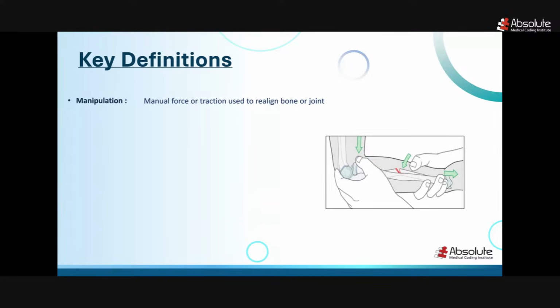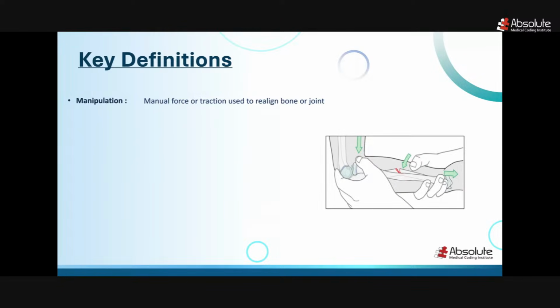Now, think of it like a hands-on adjustment. The provider is carefully guiding the bones back into place so healing can take place correctly. So that's what we call a manipulation in fracture treatment.